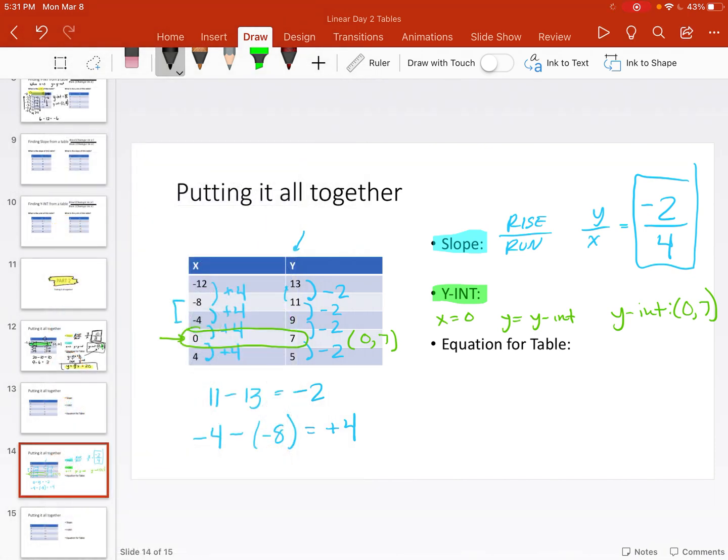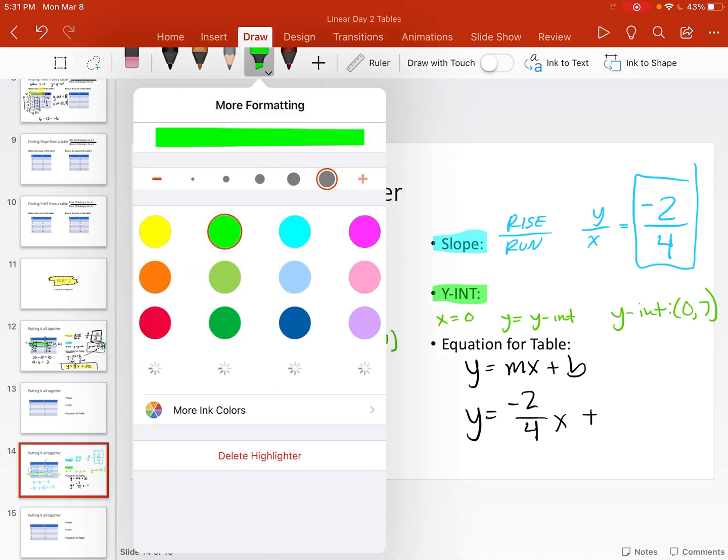Last but not least, I'm going to put it all together. We have y equals mx plus b. We know our y equals, we need our slope, which is -2/4. Put our x, plus we need our y-intercept. And again, remember, I'm not going to use that highlighter color.